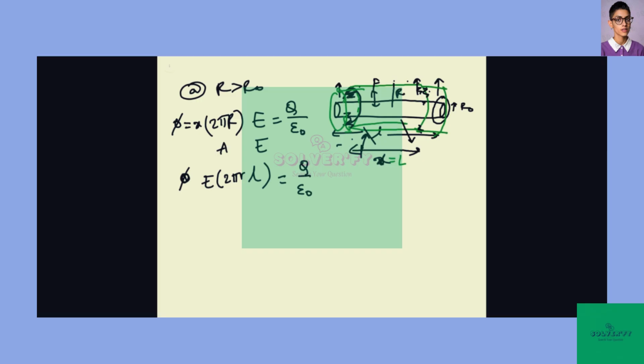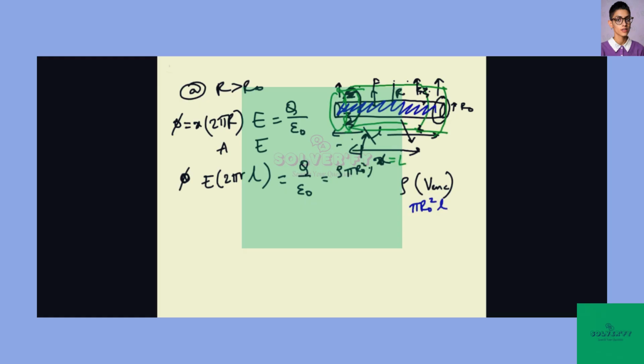Now, the charge enclosed is simply the charge density times the volume enclosed. And the volume enclosed will be the volume of the rod that is enclosed. That will be the area of the rod, that is pi r naught squared, times the length L. So that will be rho times pi r naught squared L, divided by epsilon naught.